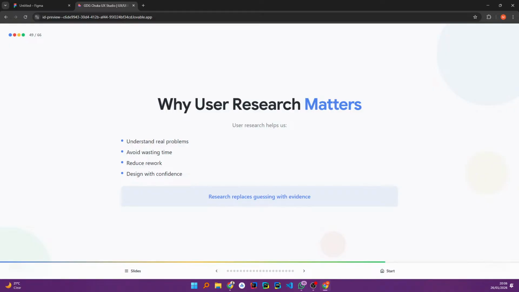The other reason is designing with confidence. When someone reaches out and asks, why do we have this? You know the reason. You had these users, you interviewed these users, you talked to them.